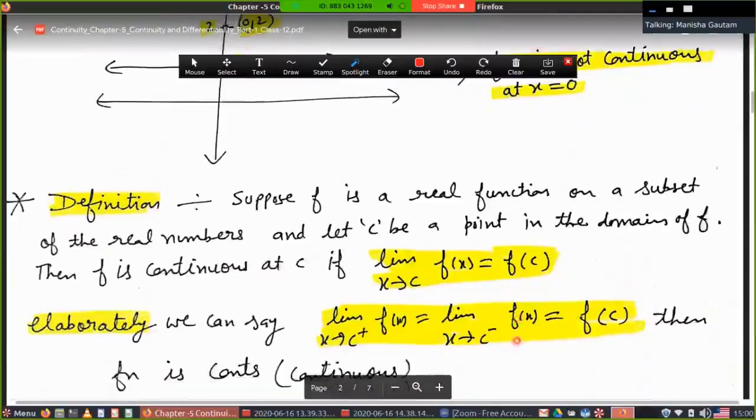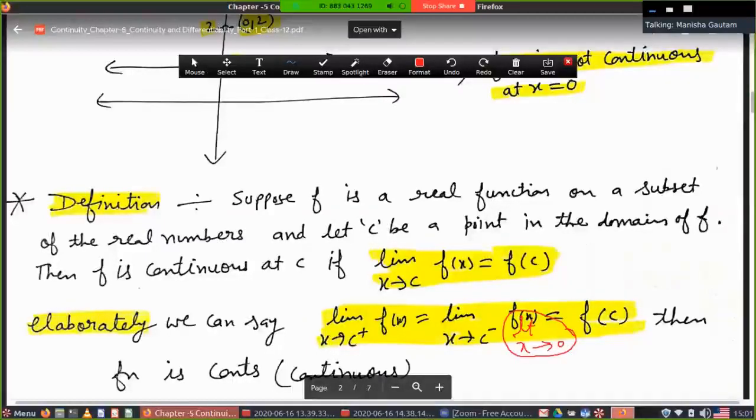What's the meaning of this? If you elaborate it, you can write that the left hand limit and right hand limit are both equal to the value of f(C). Suppose I'm talking about the limit as x tends to 0.